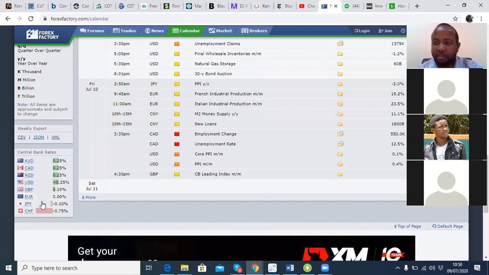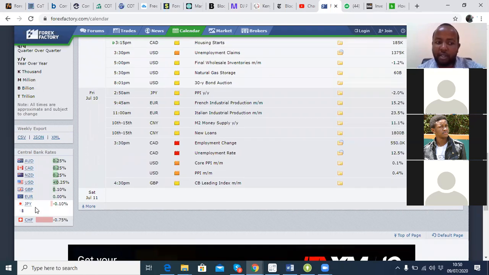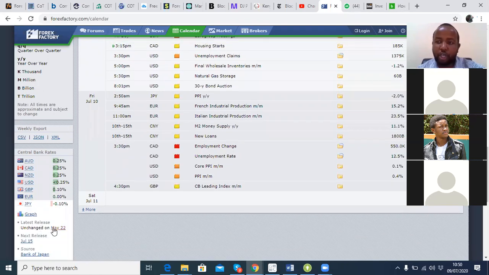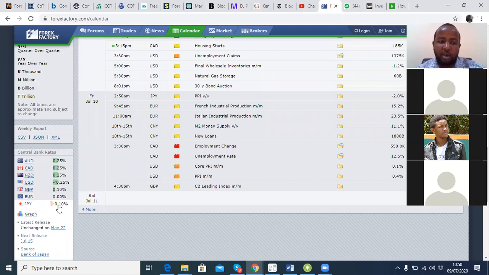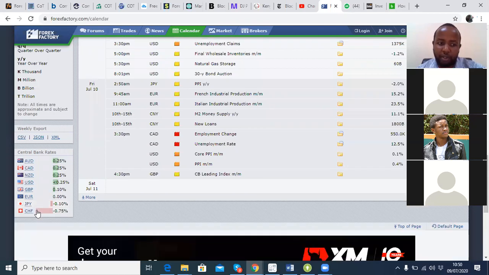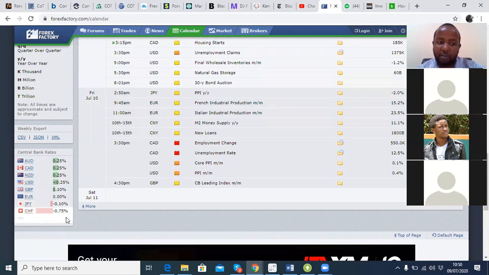Then the main safe havens, JPY and CHF, that is the yen and the Swiss franc, you can see they were unchanged on May 22nd. Basically their interest rates are usually at negative 0.1% for the yen, and for the Swiss franc it's usually negative 0.7%.